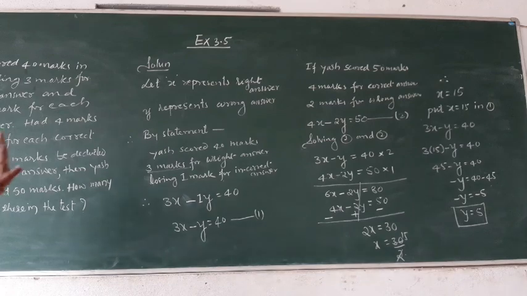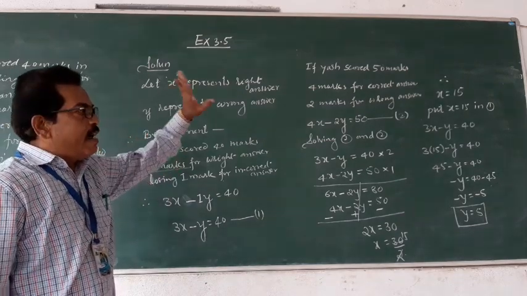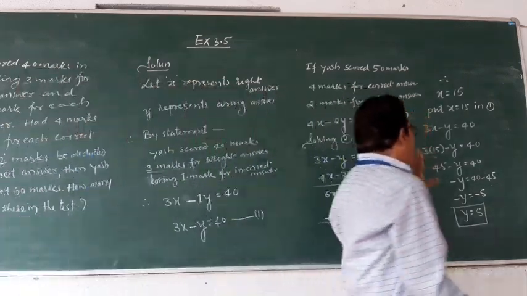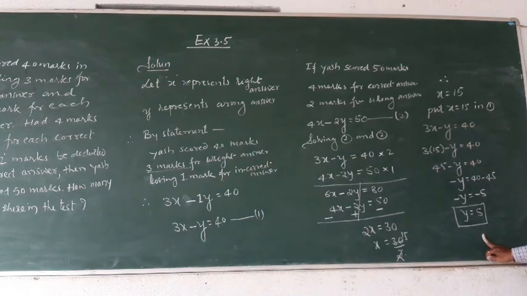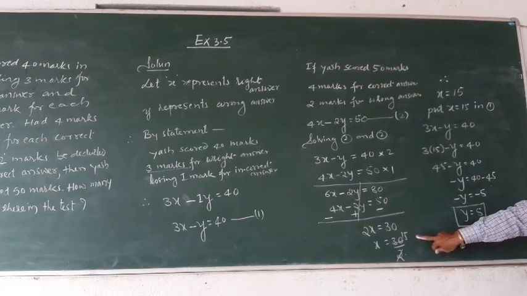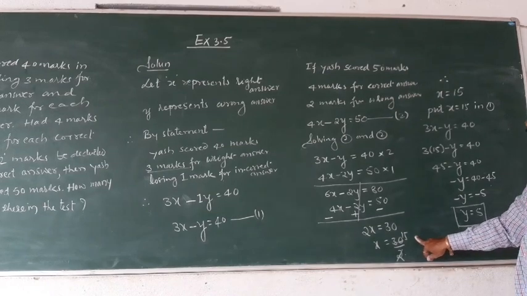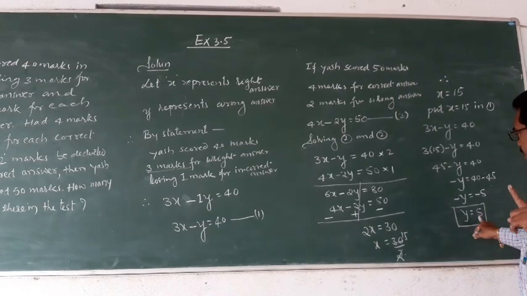Now see what they have asked there. They have asked the total number of questions. See, how many questions has Yash written right? He has written right answers as 15. X we have considered as right answers. Wrong answers Y, that is 5.